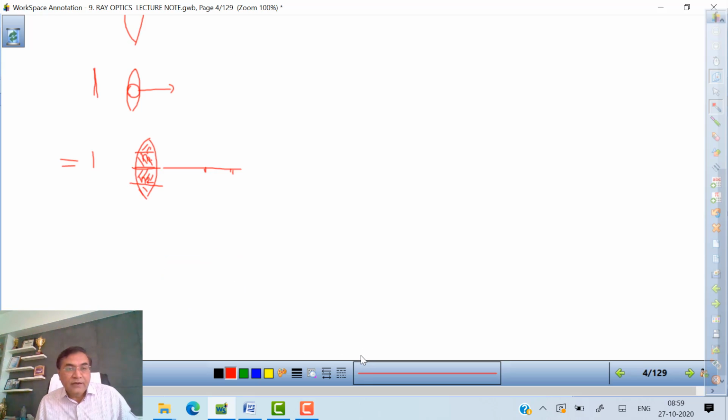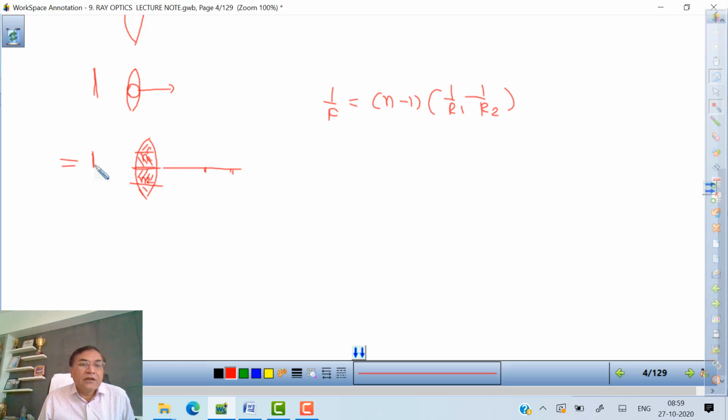So this is about the lens. 1 upon f is equal to, as we write, (n minus 1) into (1 upon r1 minus 1 upon r2). If it is single color, monochromatic, then you have one focal point. But if it is multicolor, polychromatic, then different colors have different focal lengths. Suppose this is white light, so it contains 7 colors, we know that.